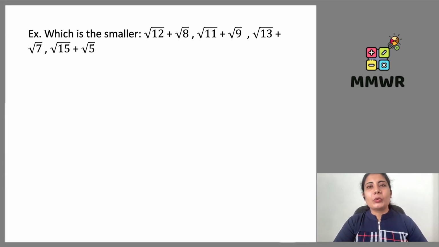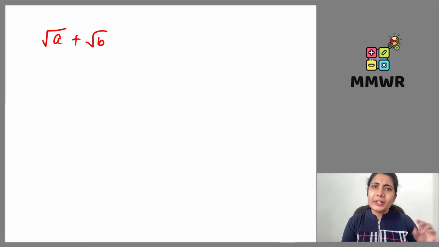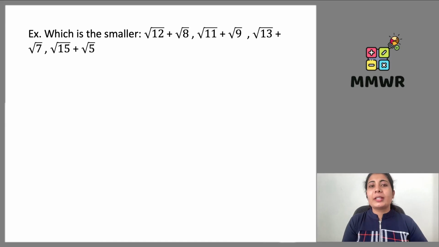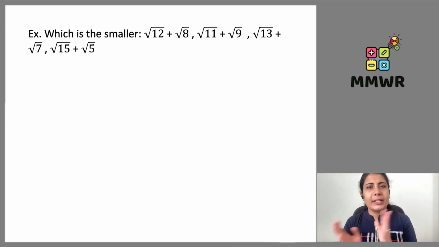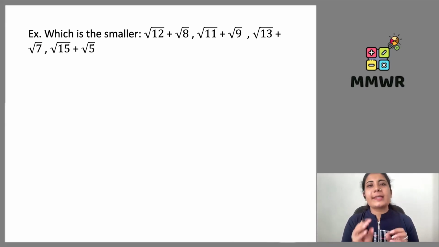So what are the rules actually? Let's take an example. Suppose we have root A plus root B. The similarity is root A plus root B and the other one, A1, B1, A2, B2, whatever the numbers we have, always separated by an addition operation.